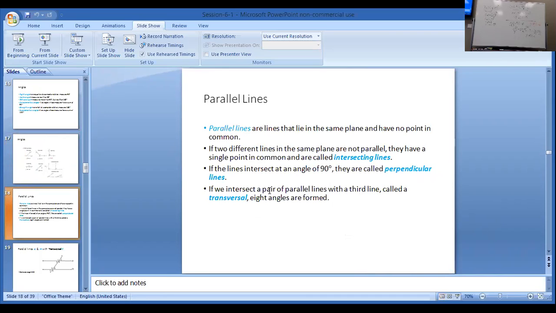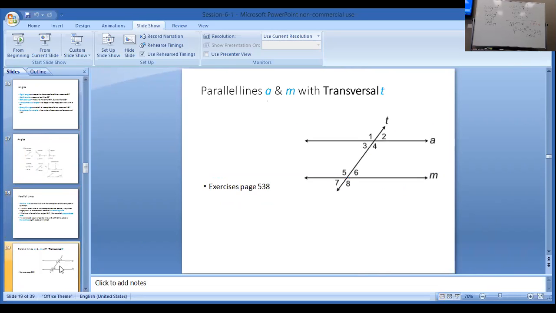If you have two parallel lines and intersect them with another line, that line is called a transversal, and then we will have 8 different angles, as you can see on slide number 19.